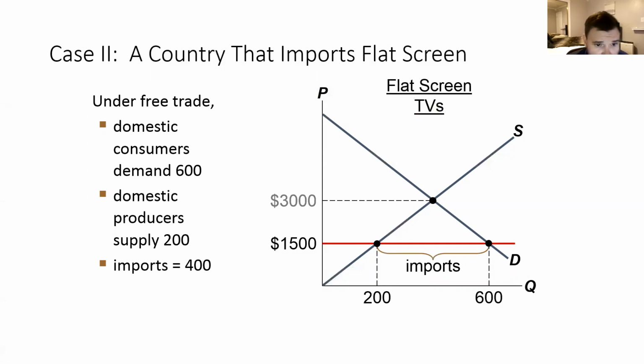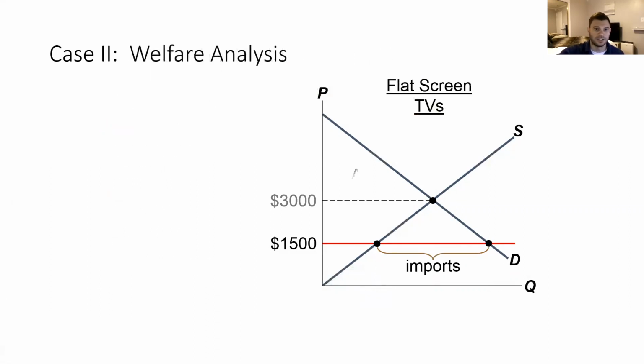So if the world price is 1,500, the buyers know they can always get the cheaper flat screen TV abroad, meaning no buyer is ever going to pay more than 1,500. Accordingly, no seller is going to ever make a sale domestically at any price above 1,500. And we're going to conduct the same surplus analysis that we did in case one.